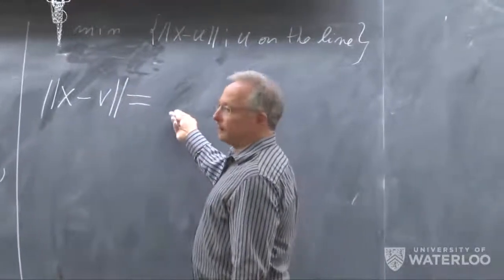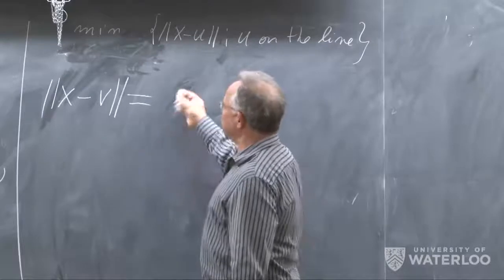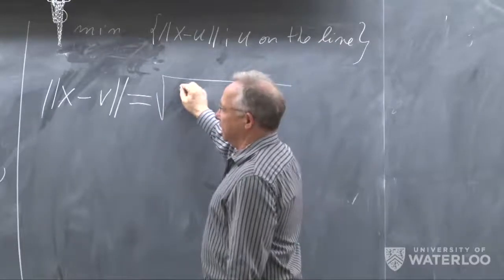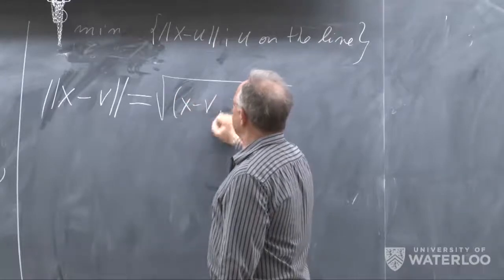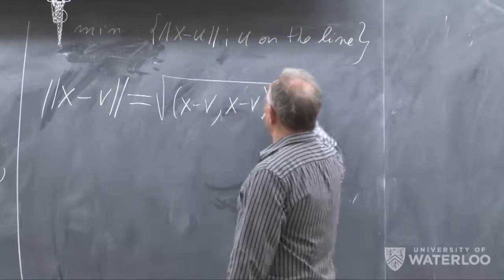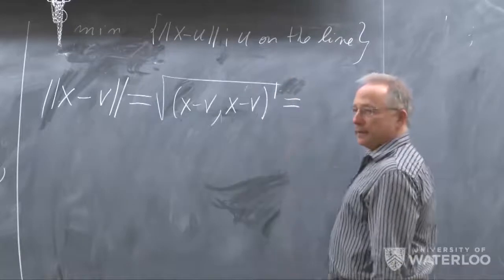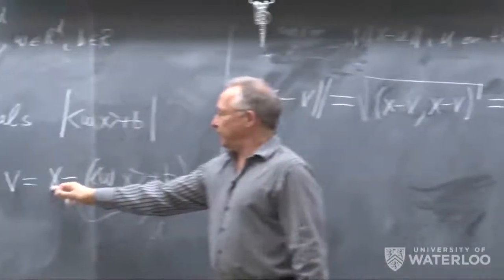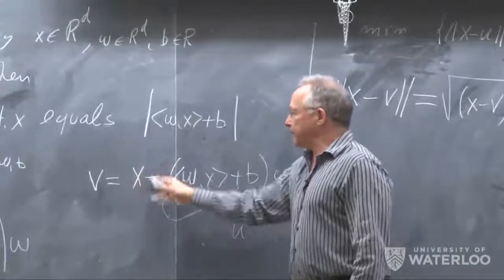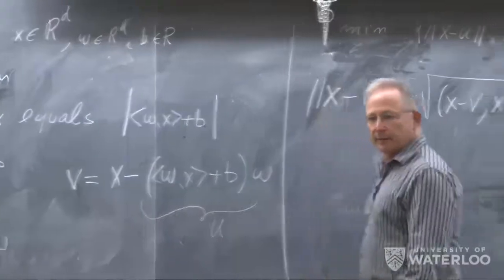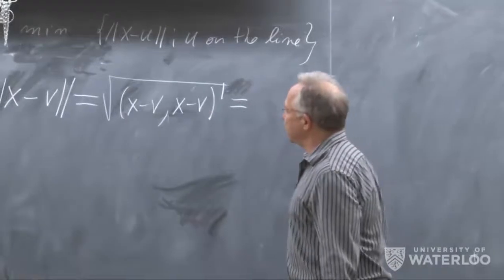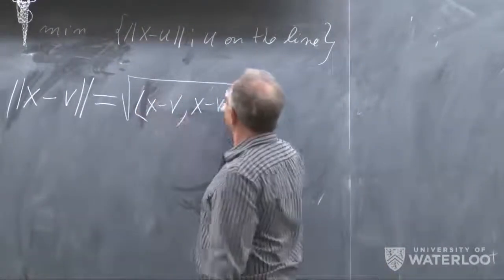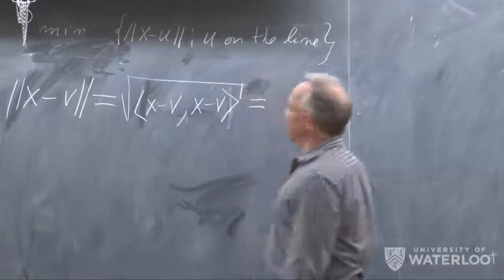It is the square root of the dot product of x minus v with x minus v. Here I do need these brackets.